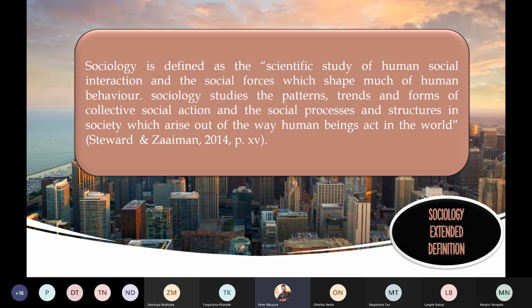And again, it says the study looks at the social forces which shape much of human behavior. So we start looking at what influences how humans interact on a small scale, how humans interact in individual to individual relationships. And we also think about what social forces in a society, in a community, interact with each other.